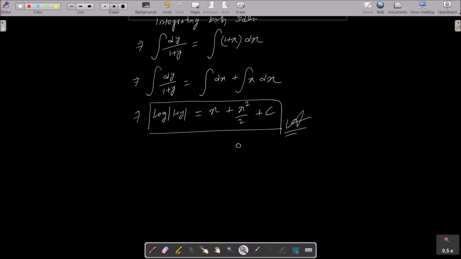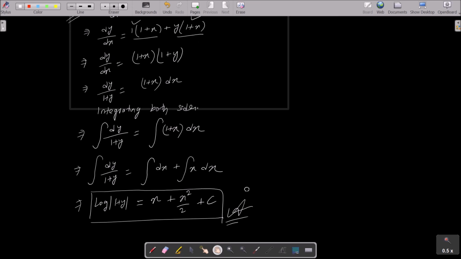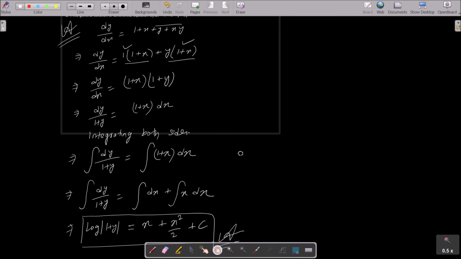So one more time I'm going to repeat. Okay, so here you need to write the given, and your intention must be to separate the y part in one place and the x part in another place. So there I have taken the common 1 plus y, and after that doing the separation, taking the y part in one place and the x part in another place.